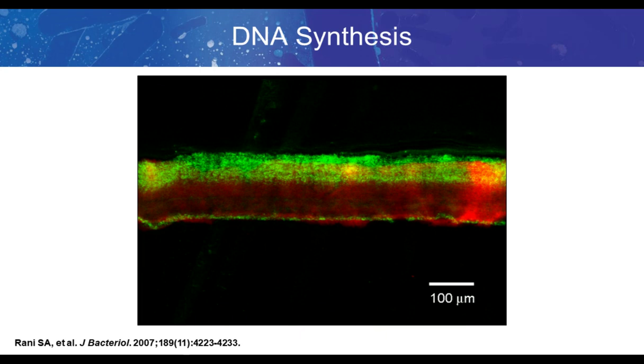And so you can see the green band at the top of the biofilm has been stained to show newly synthesized DNA. So what you see there in green is bacteria that are actively dividing and synthesizing DNA. And at the top, where there's lots of oxygen, that's occurring, there's also a thin band of green at the bottom, which is probably fermentative bacteria.